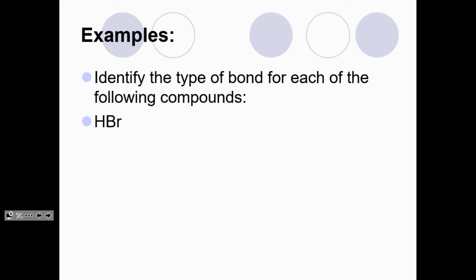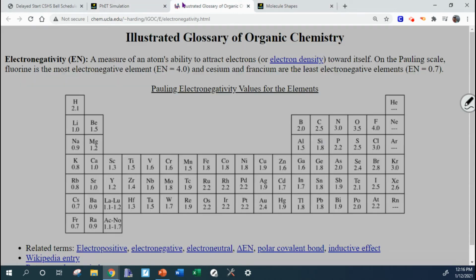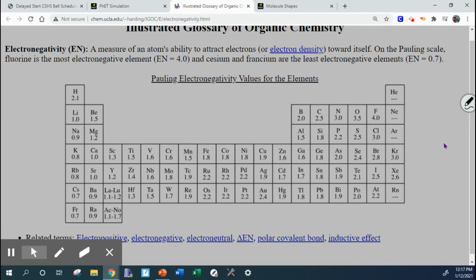So the first one is HBr. I'm going to exit here and show you. We have given out this sheet that has all of the electronegativity values for the periodic table. So our first compound is H with Br.